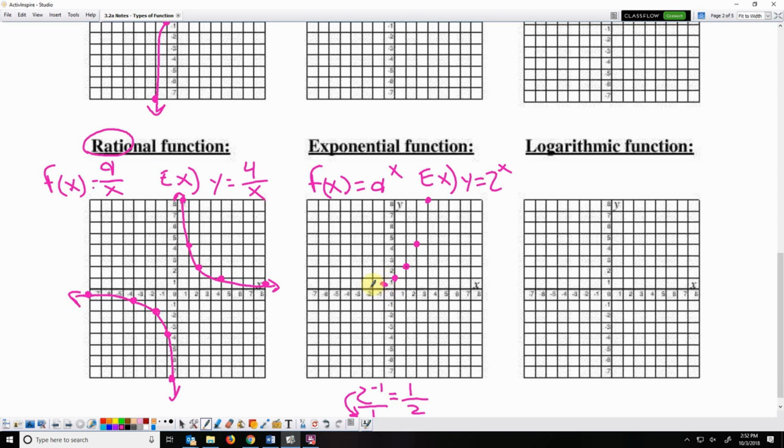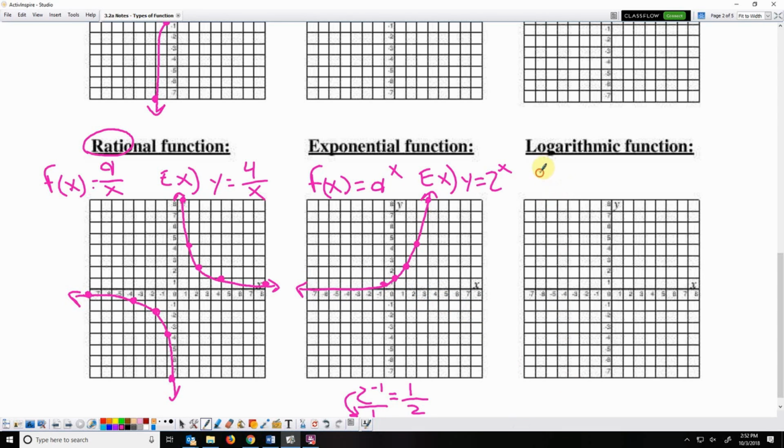Now I don't have the precision here to do any closer to y equals 0 than that. So this graph looks like this, and y is never actually going to reach 0. It's going to hug that axis and get infinitely close to 0. So the x-axis, where y is 0, is an asymptote.